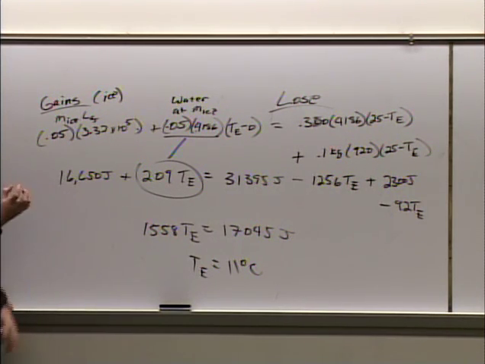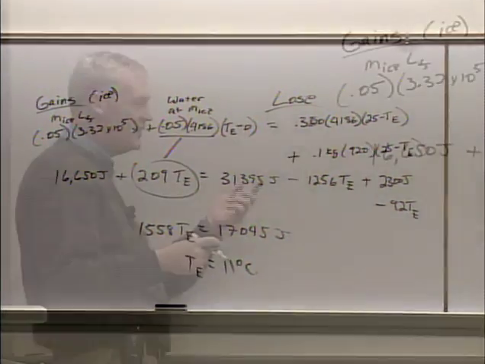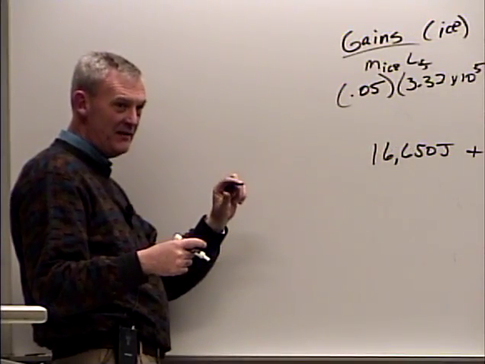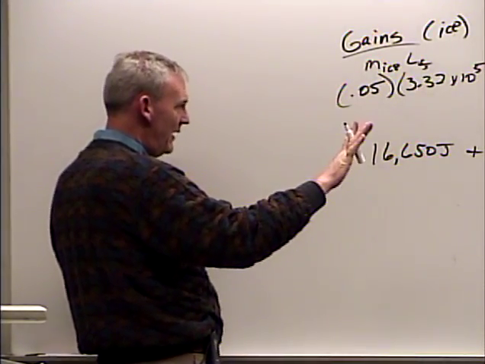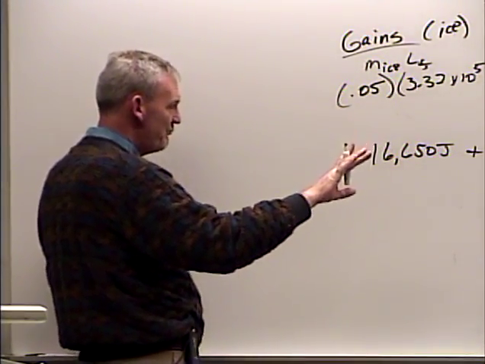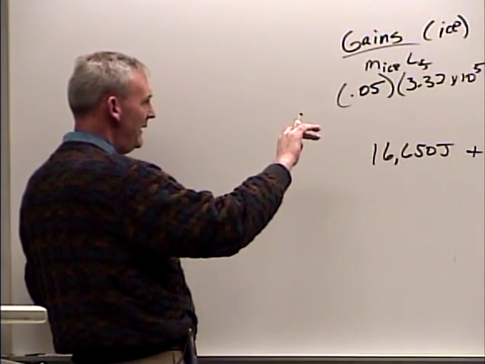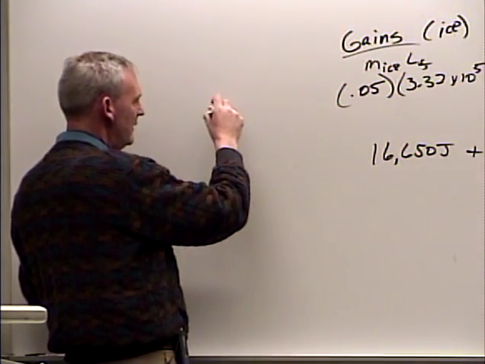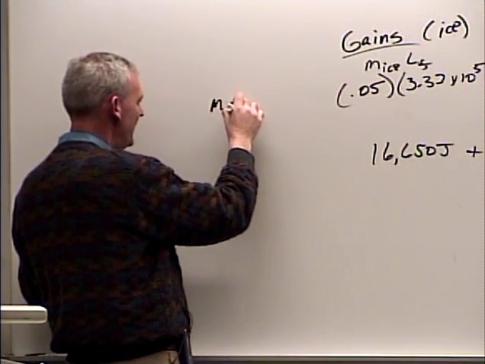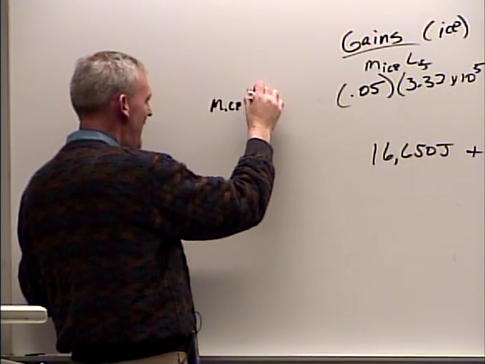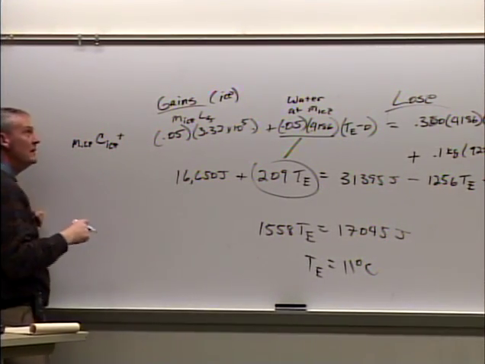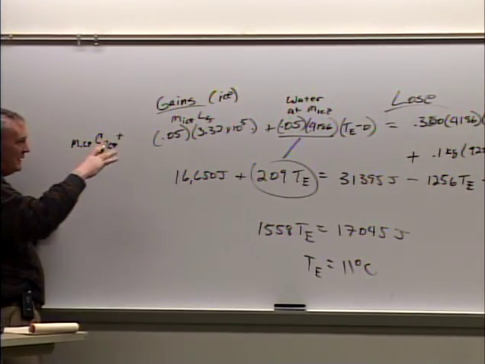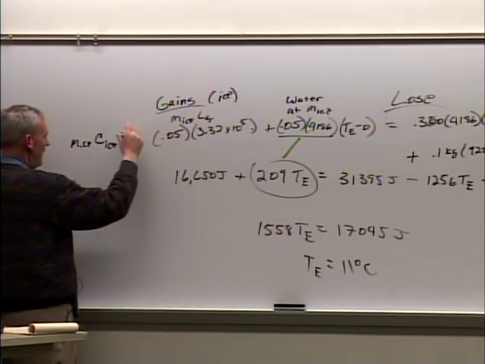If this ice had been colder, like at negative 10, I would have done the mass of the ice times the C of ice times T_E minus negative 10, so T_E plus 10.